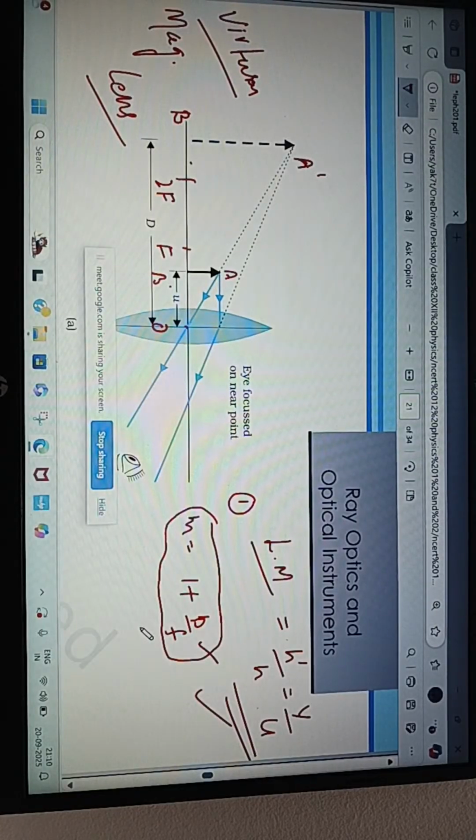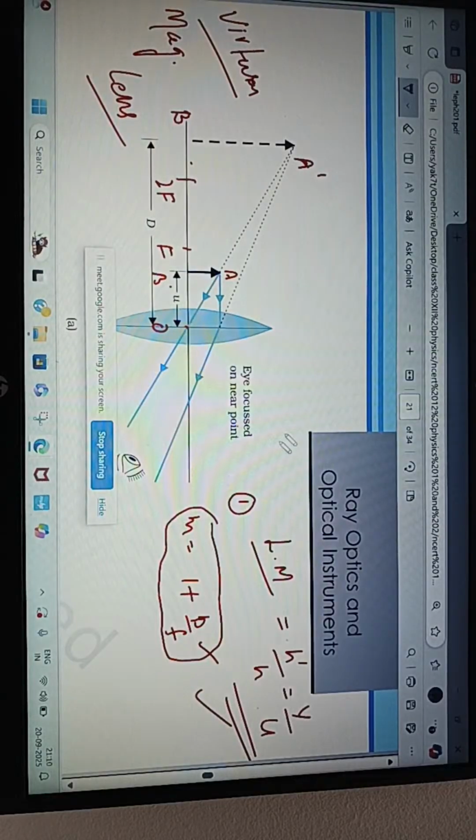Sir, can you explain once again? Okay. See, linear magnification means what it is. This figure you have done in the second case. First case, linear magnification is h dash by h, correct na? That is equal to v by u. Now v is common. 1 by v, what can you write?